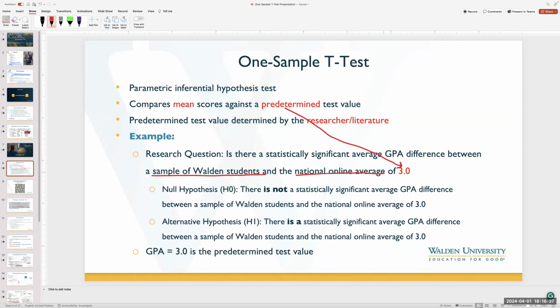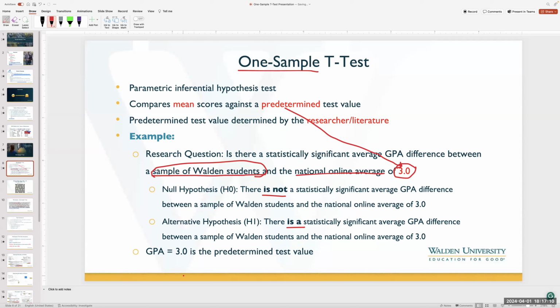And notice it says one sample, meaning the only sample and the only data that we're going to have is that one sample from Walden. We're not going to have two samples where we're comparing the samples. We're comparing one sample against a predetermined value. Okay, is everybody okay with that? And again, with the research question, we're just going to have the corresponding null hypothesis that there is not a difference and the alternative that there is a difference.